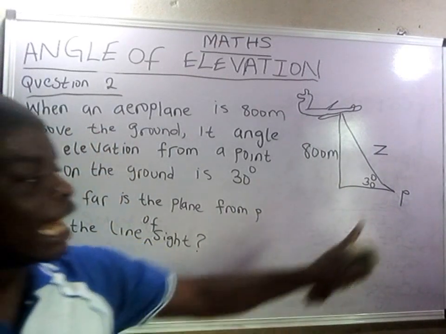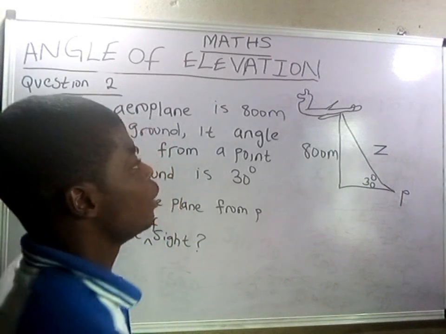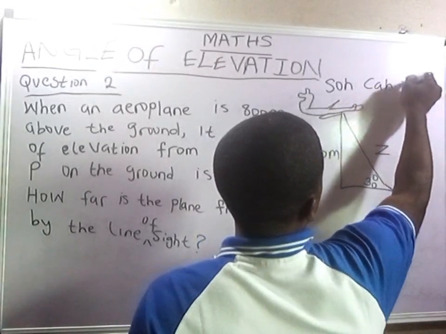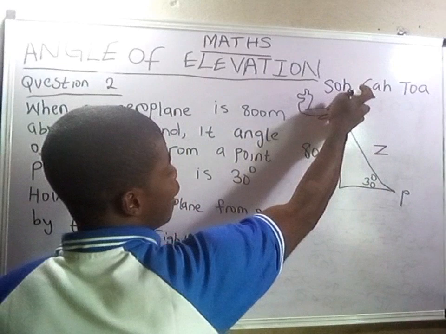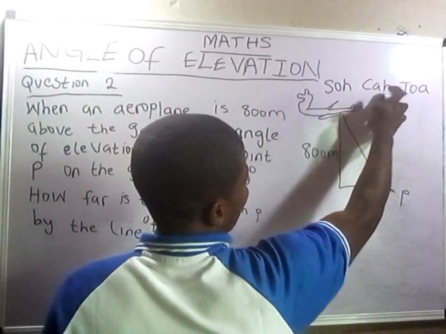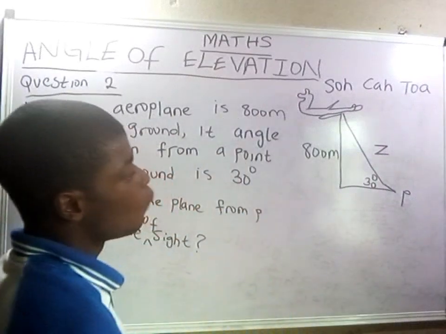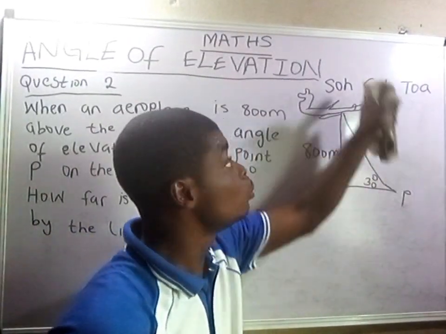To look for this side, which is Z, I gave SOHCAHTOA earlier: sine is opposite over hypotenuse, cos is adjacent over hypotenuse, tan is opposite over adjacent. In this case, we have opposite and hypotenuse, so we have to use sine.